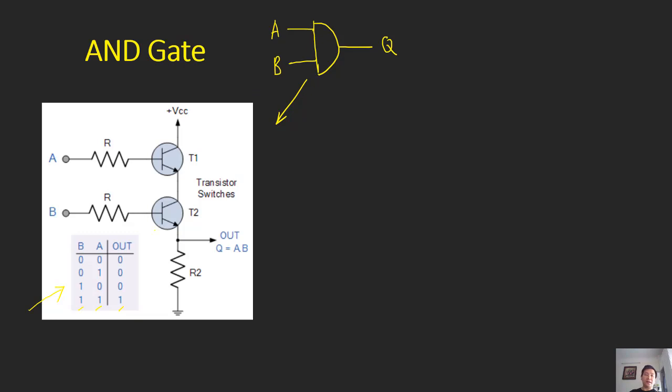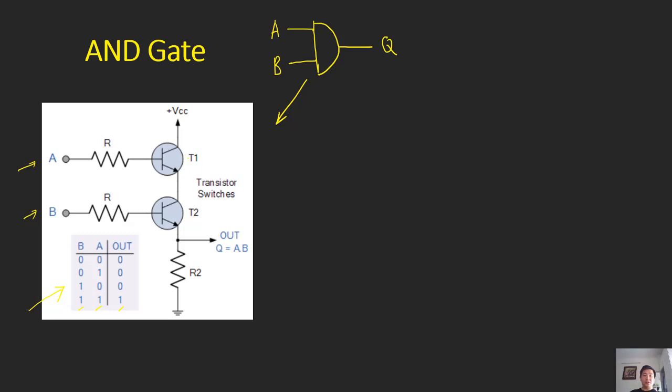Okay, I will explain how it works, with some explanations of this circuit. For example, for the case of A equals 1 and B equals 1, the 2 transistors are in series.